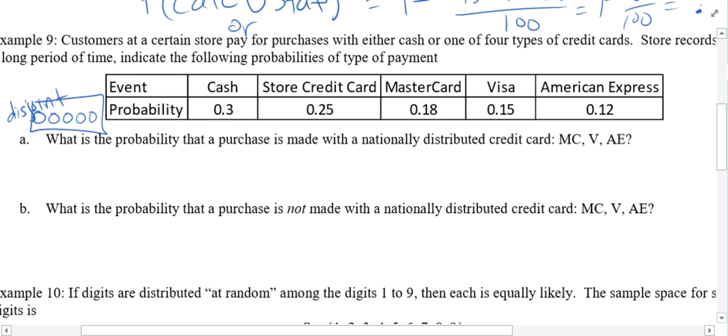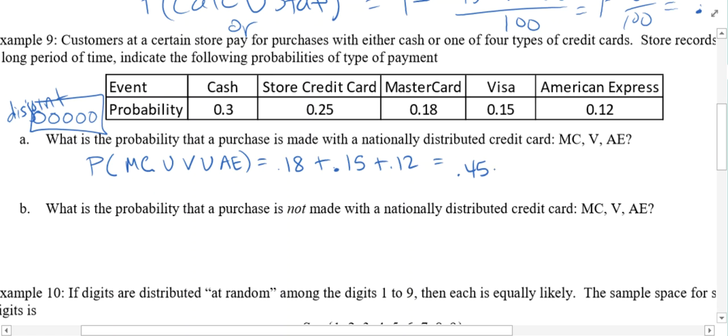Okay, so nationally distributed credit card, what's the probability they pay with a MasterCard, Visa, or American Express? Well, since there's no overlap, we can just add them. 0.18, 0.15, and 0.12. Okay, so that is 0.45.